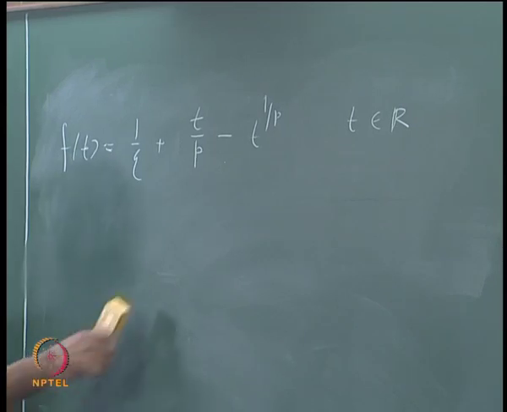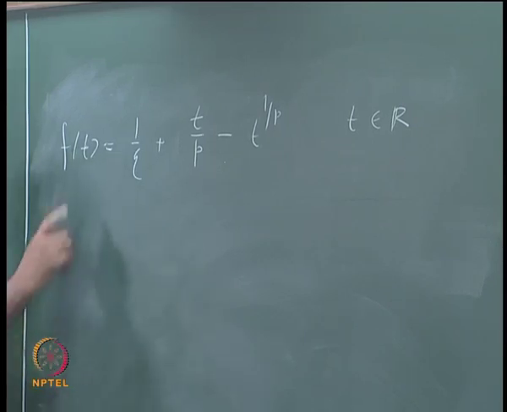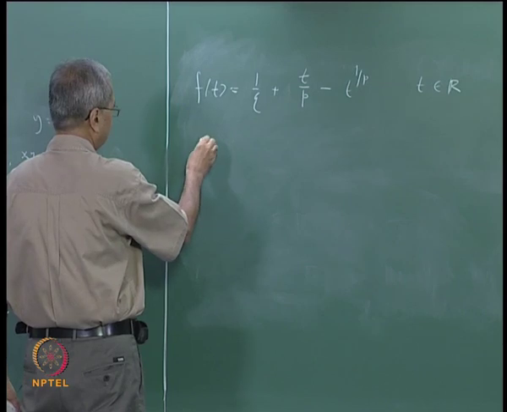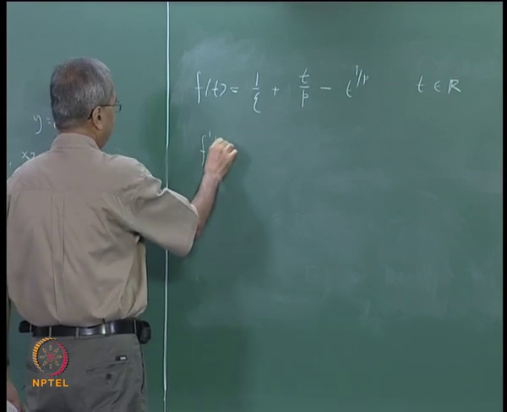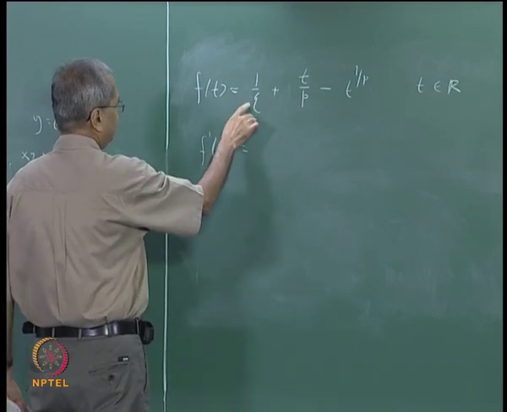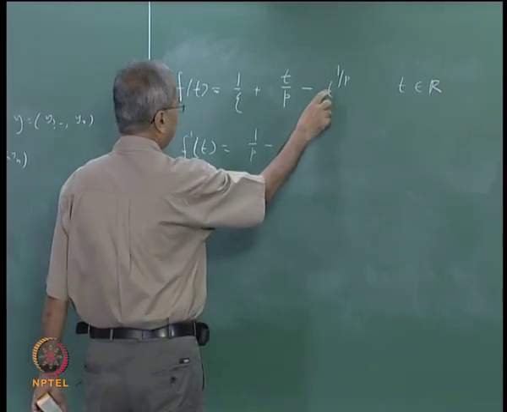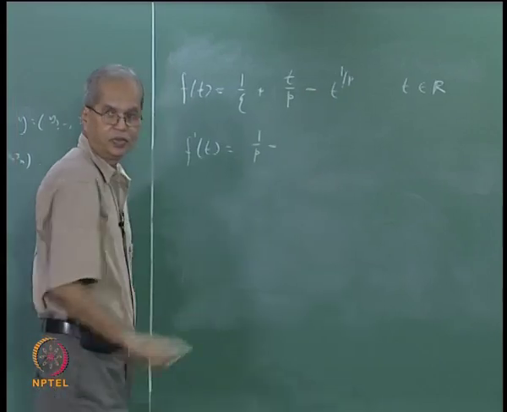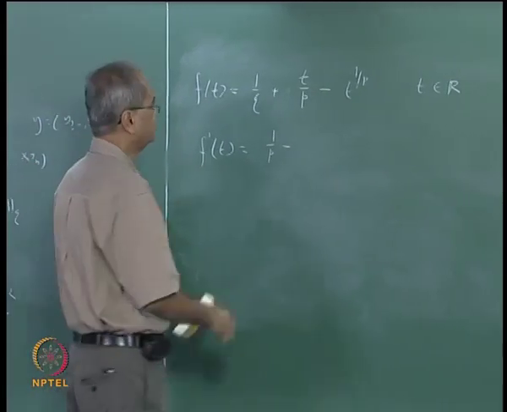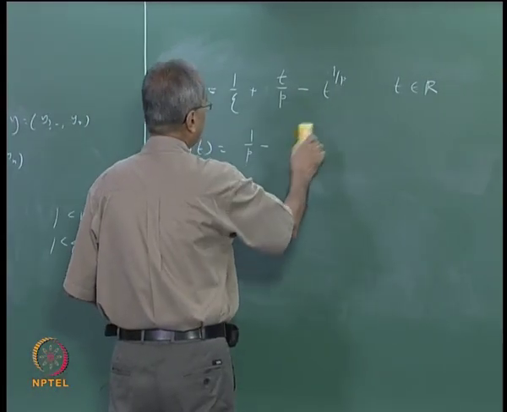Then look at the derivative f prime of t. The derivative of this will be 1 by p minus the derivative of t to the power 1 by p. Remember, 1 by p is less than 1.